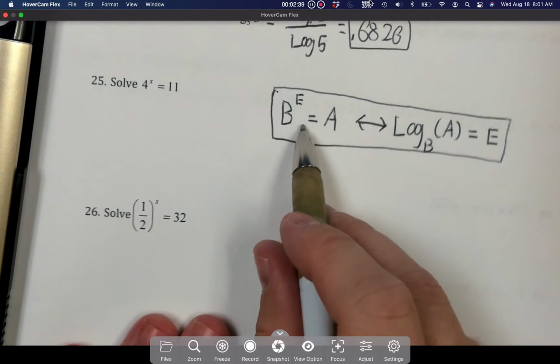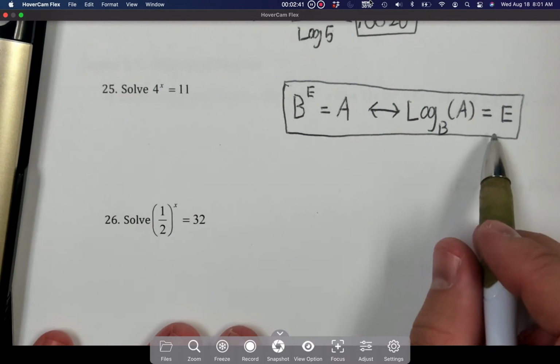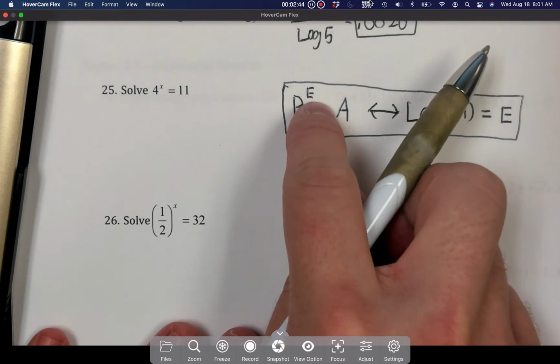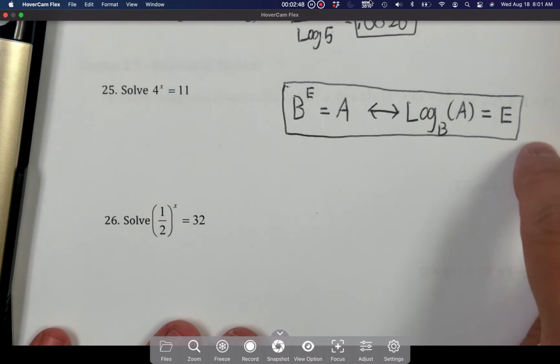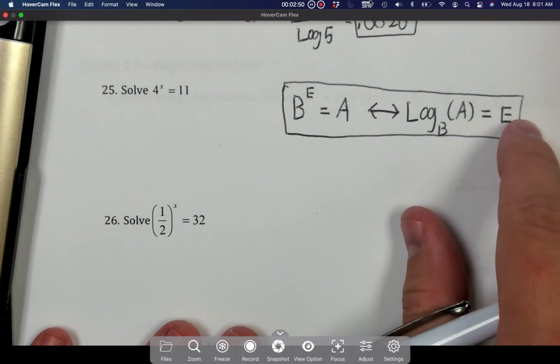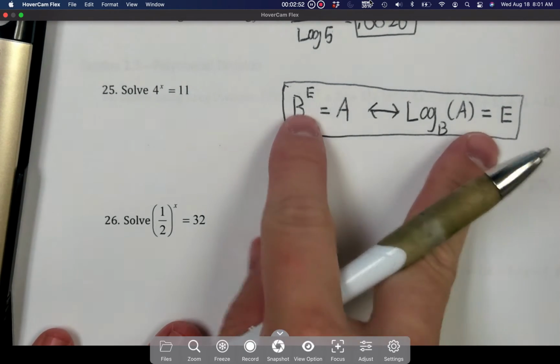All right, now this is kind of a fancy way of saying this, but what this rule does is it transfers an exponent, which we can't isolate, into something back on the floor level, so to speak, where it's now isolated. So that's what this formula does.